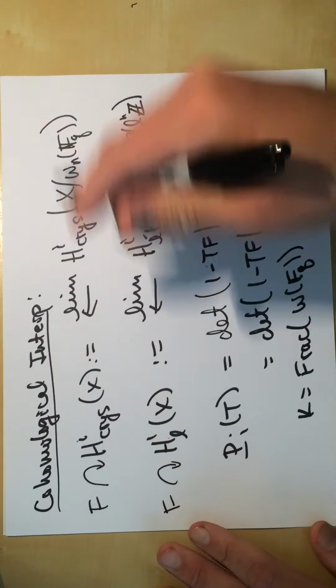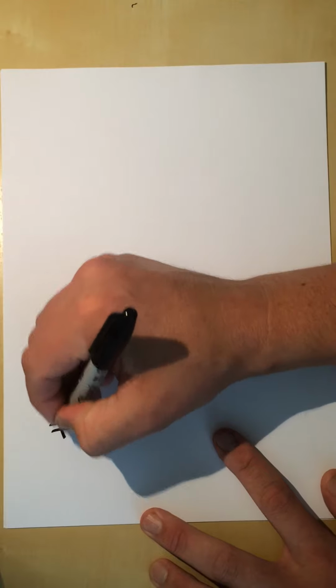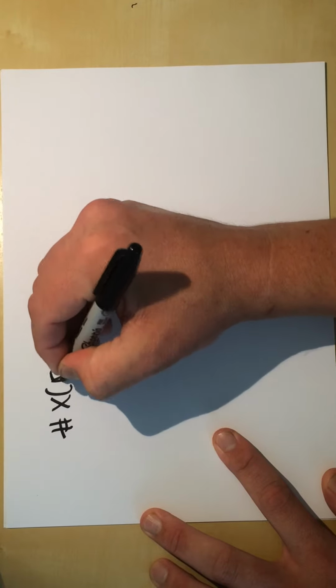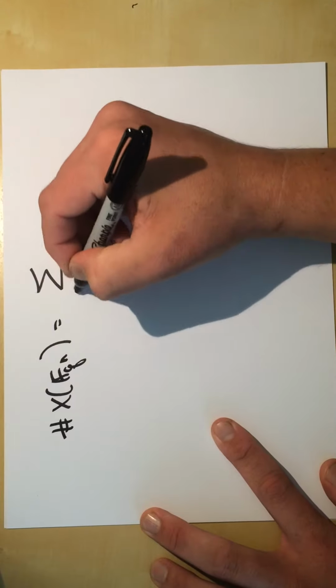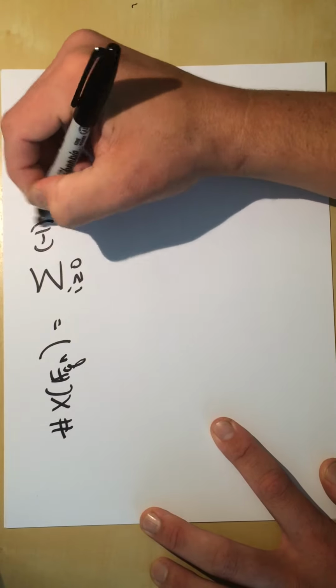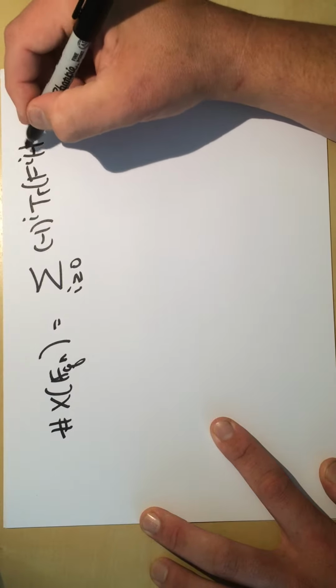And the way that these are related to the rationality of the zeta function is that there's this Lefschetz formula: the number of F_q^n points is equal to the sum for i greater than or equal to 0 of negative 1 to the i times the trace of Frobenius acting on cohomology.